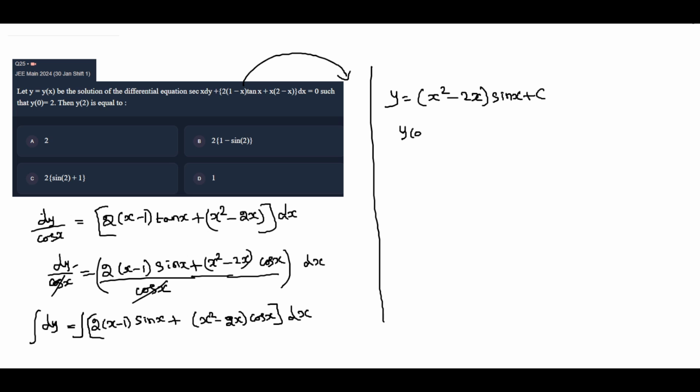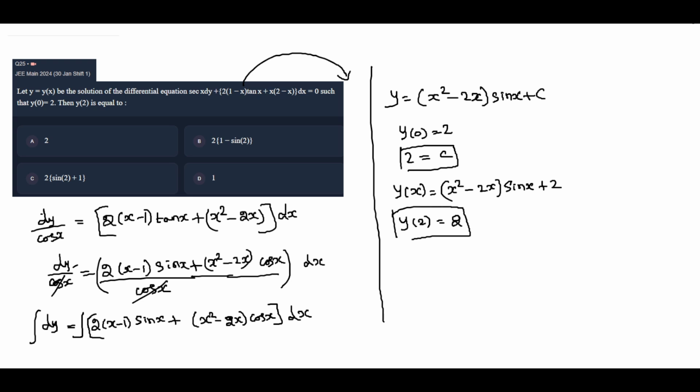Given y of 0 equals 2, so c equals 2. So the answer is y of x equals x square minus 2x into sin x plus 2, and y of 2 will be 2 square 4, 4 minus 4 is 0, 0 into sin 2 is 0, so only 2 is the answer. y of 2 equals 2.